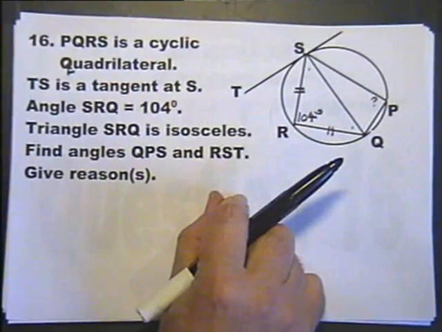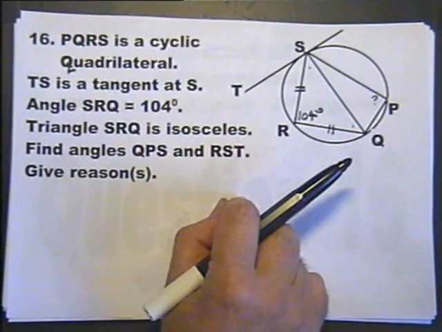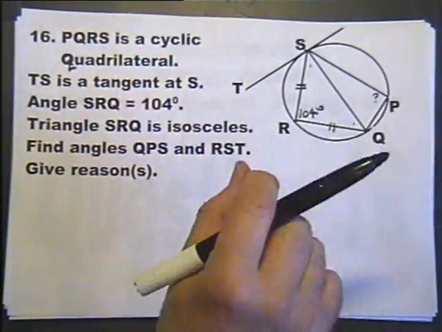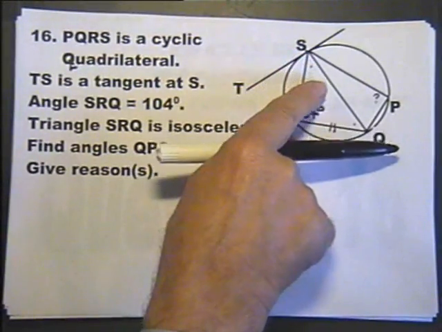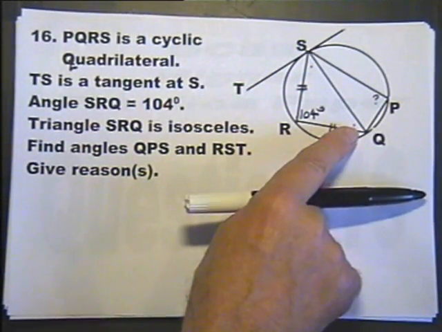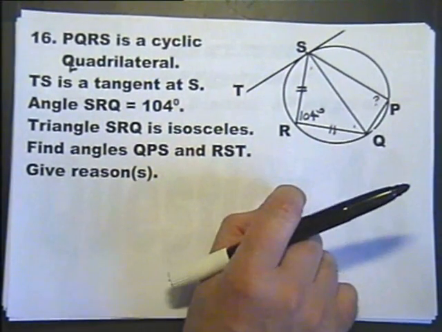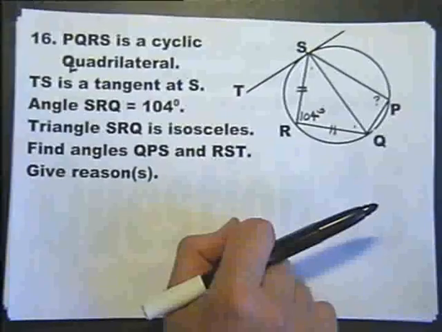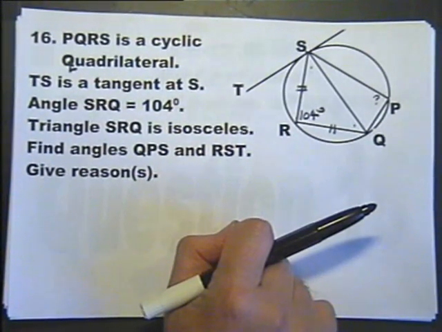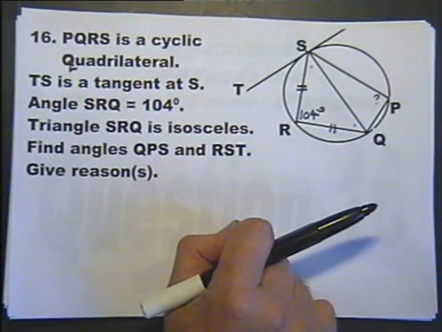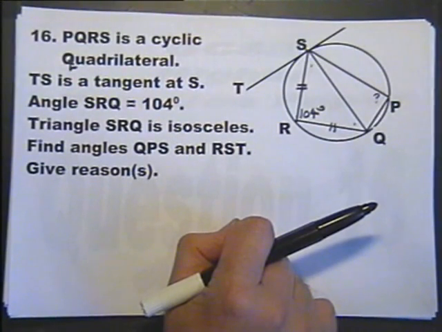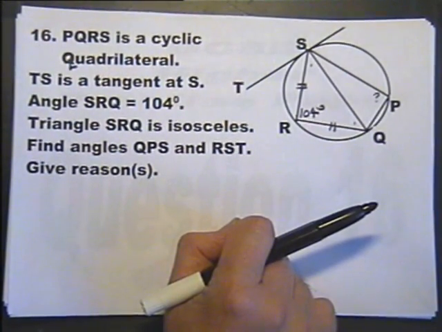Now, here's something to make a mistake on. You look at the diagram and it looks like that's a diameter, and the angle subtended on a diameter is always 90 degrees. It looks as if it might be 90 degrees. But you must not go by what diagrams look like. All diagrams are not drawn to scale.